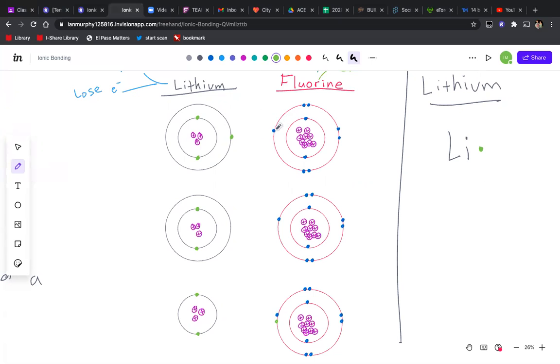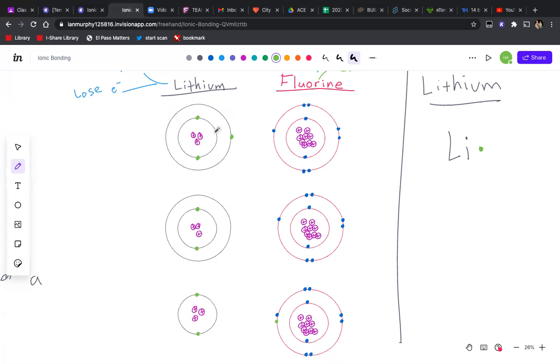Lithium only has 1 valence electron, so it's 7 away from having a full shell. Fluorine, on the other hand, has 7 electrons, but it's missing 1. So only 1 electron is preventing fluorine from having a full shell.